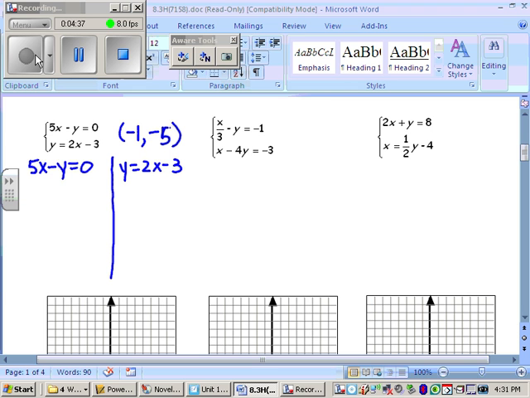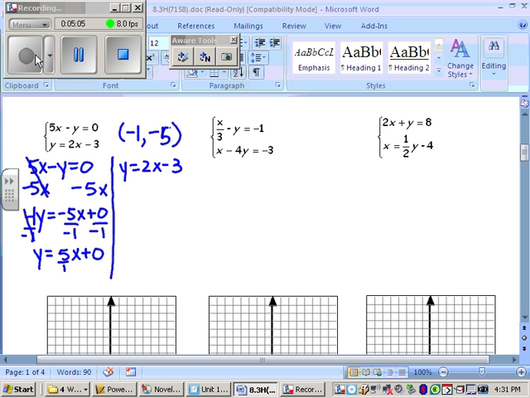So let's solve our first equation for y. So we will subtract the 5x from both sides, leaving us with negative y equals negative 5x plus 0. To finish isolating the y, we will divide each term by negative 1. So we have y equals 5x plus 0.